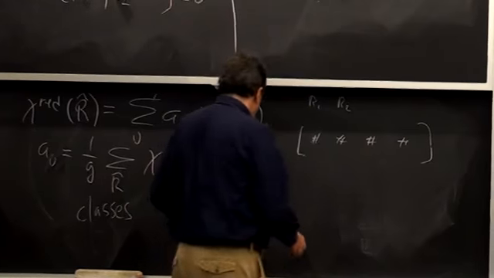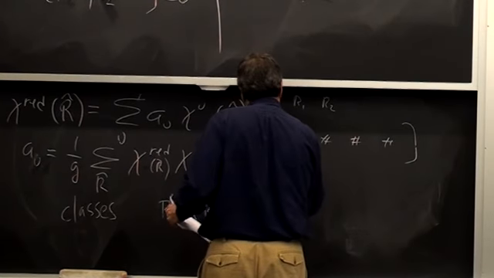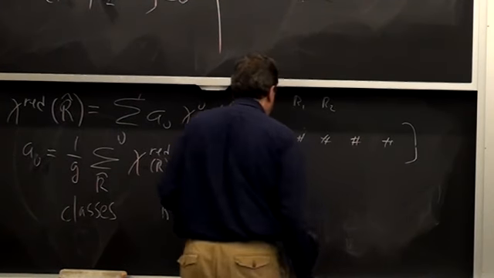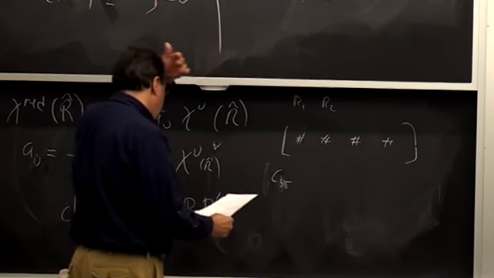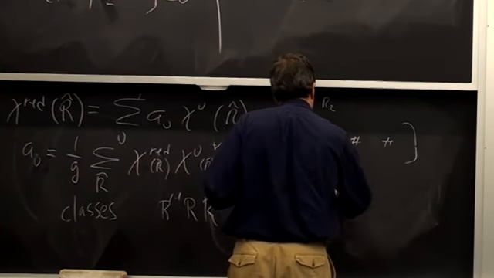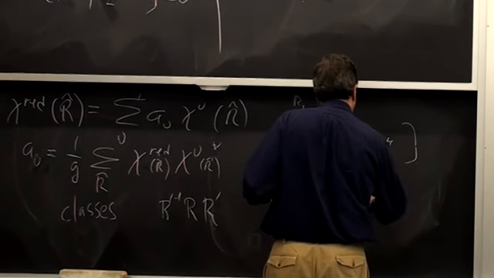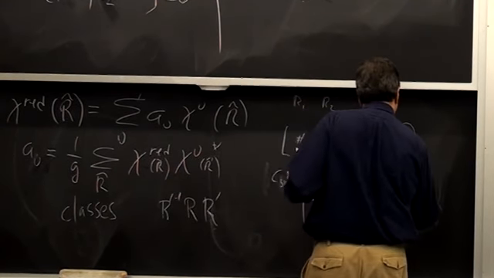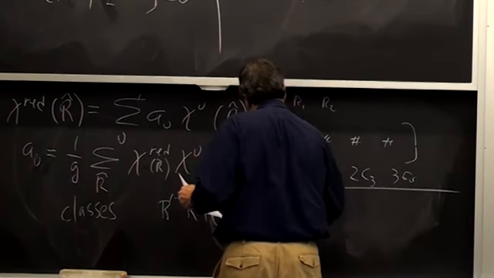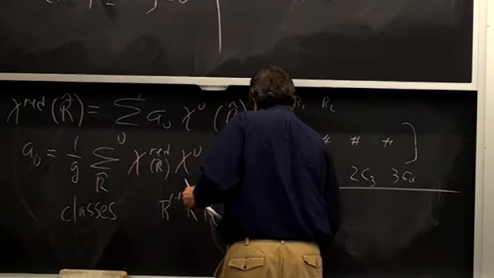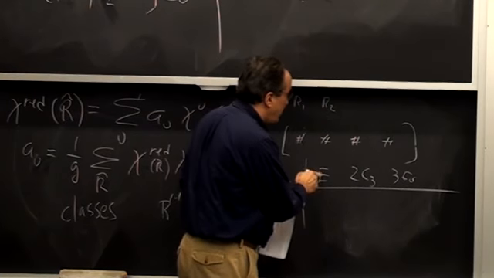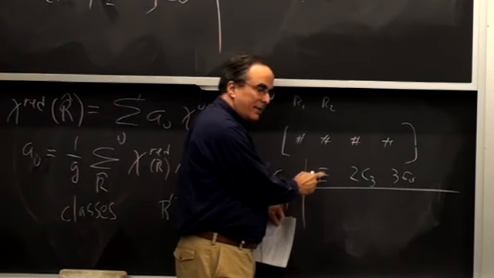And so when you see, for example, the point group C3v, the group that is ammonia, you see E, 2C3, 3σv, and then you see A1, A2, and E. The identity operation is in a class by itself.